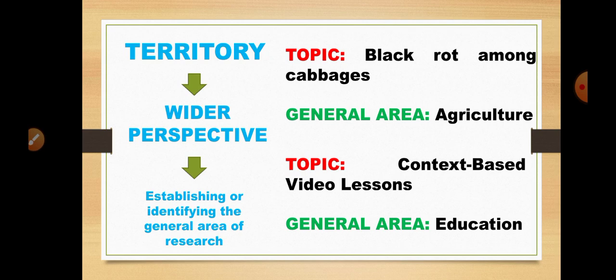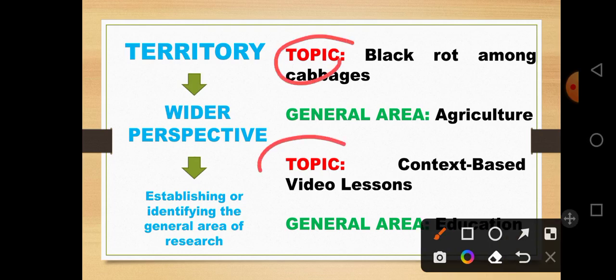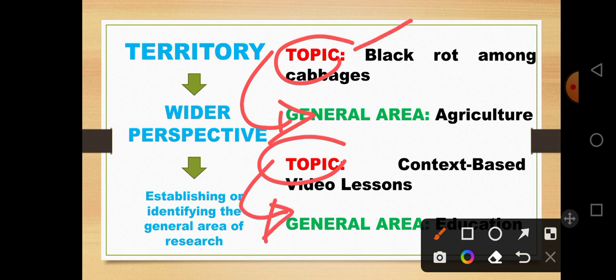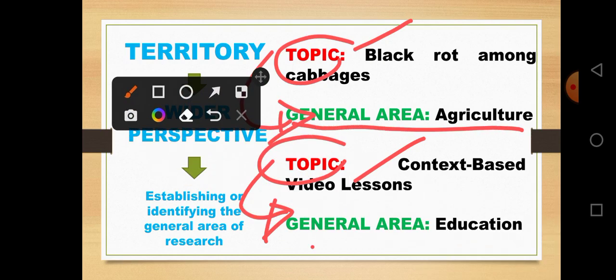Do you get the trend, class? Notice that we viewed each topic in a wider perspective. These topics are specific, but we need to identify the general area of such topics.